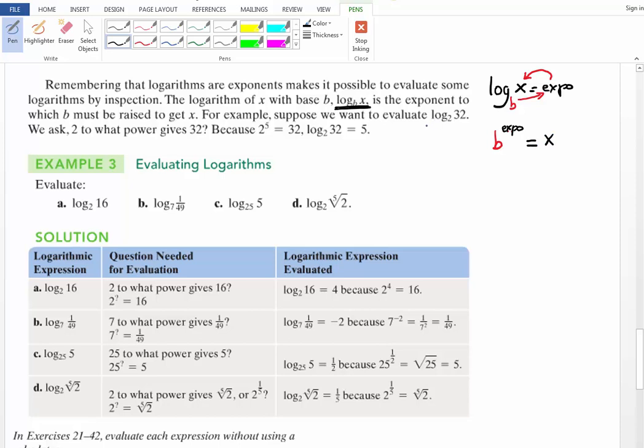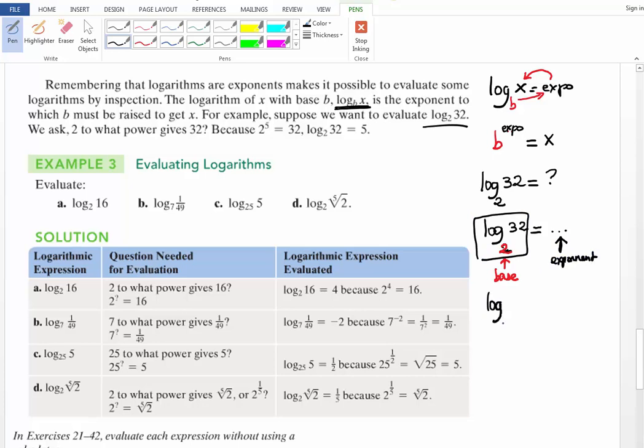So they're saying, for example, let's try to find log base 2 of 32. We don't know what it is. So let's write what we're being asked to find, log base 2 of 32. Let's identify the base, which is 2. And we don't know what it's worth, but we know what we're looking for is an exponent, because it's a log.